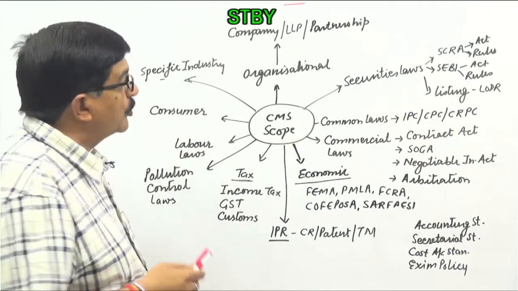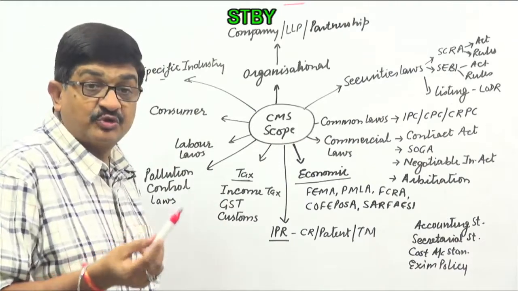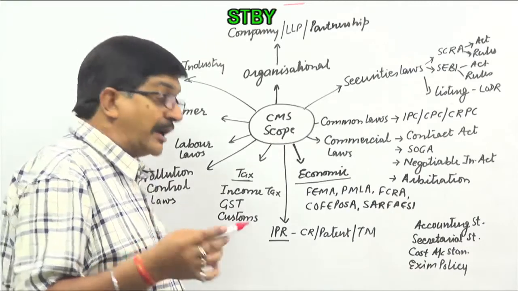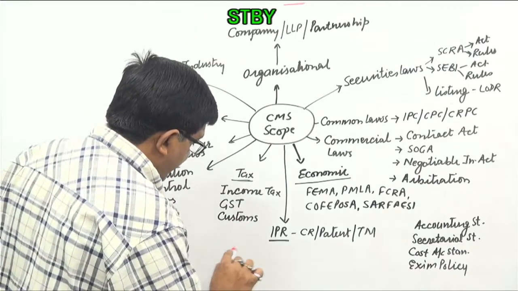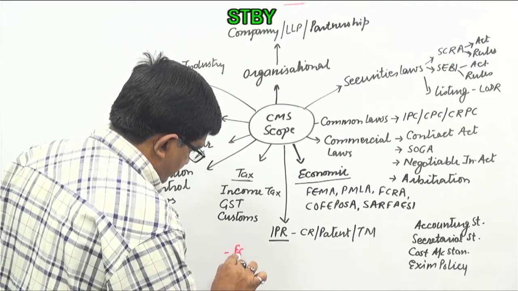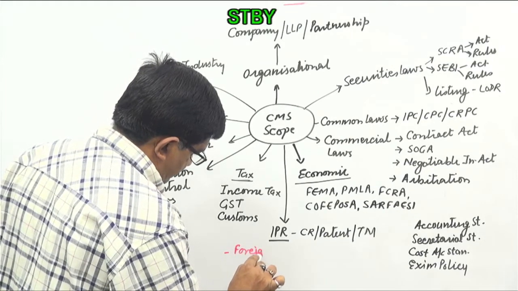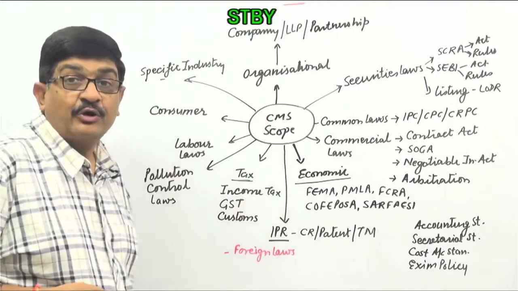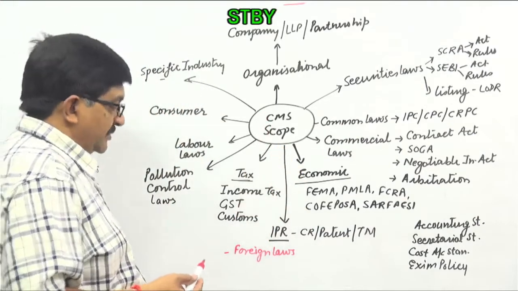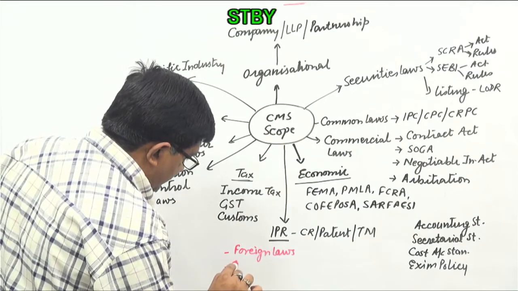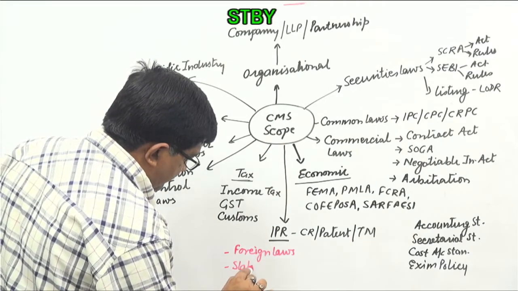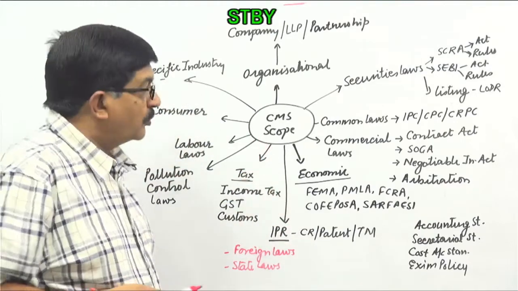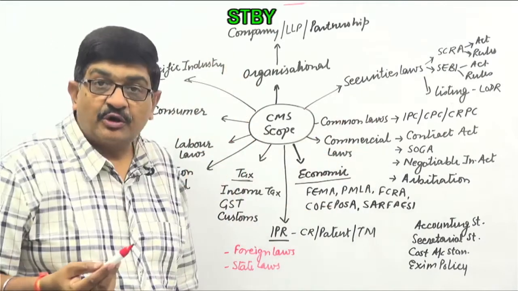There are many more things. Just to give you an idea, if the company is having business operations outside India, then foreign laws are also important. Other than that, state laws. All these listed are central laws.